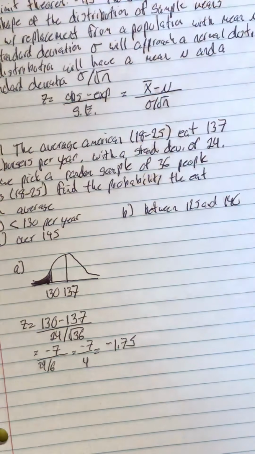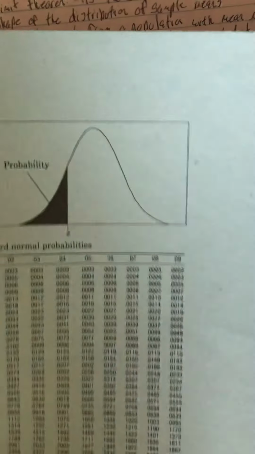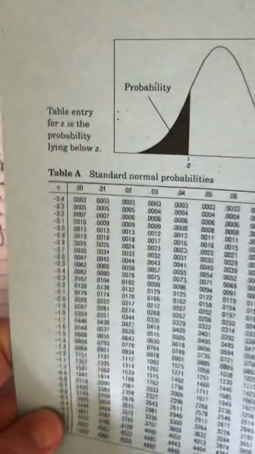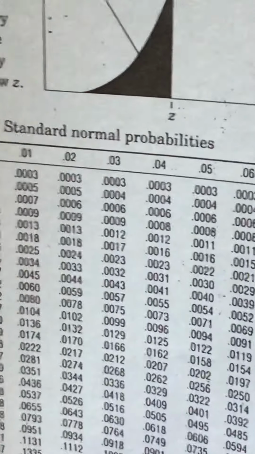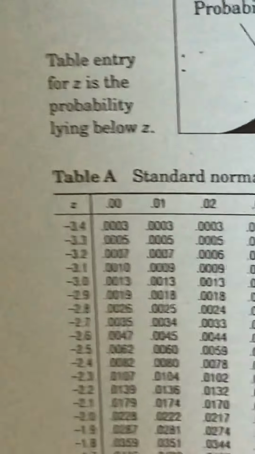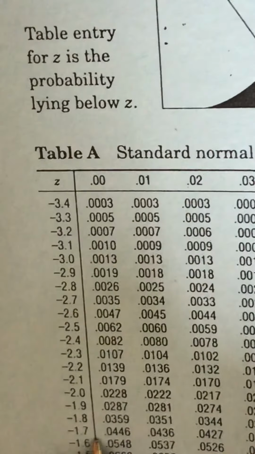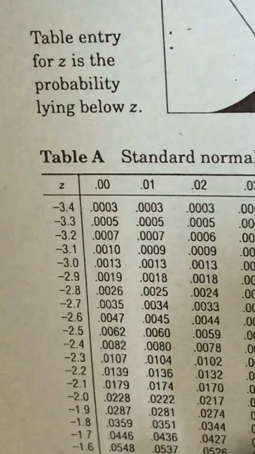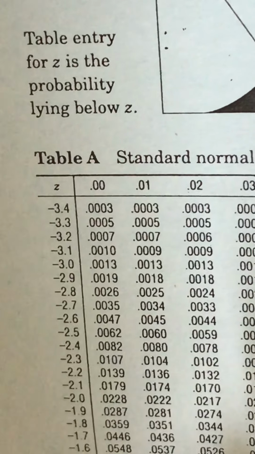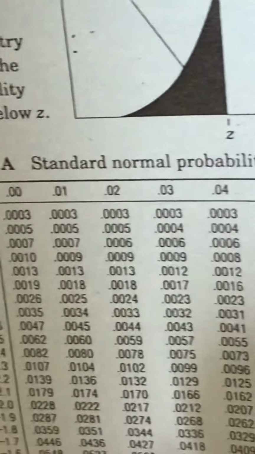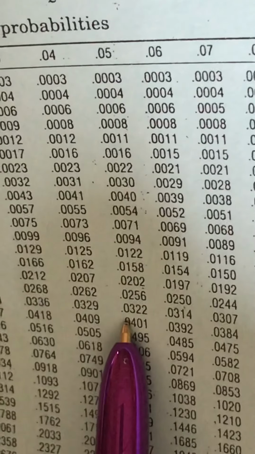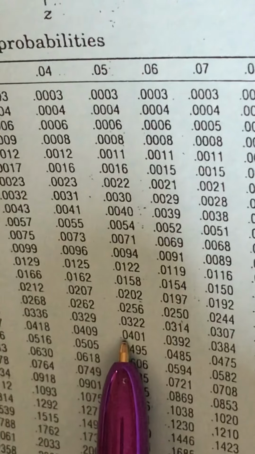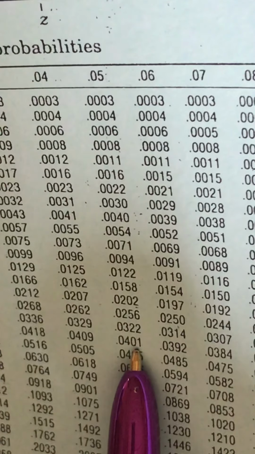Now, since we know the z-score, we take our blue chart and we zoom in here and we find -1.75. Well, here's -1.7, and -1.75 is right here, 0.0401.